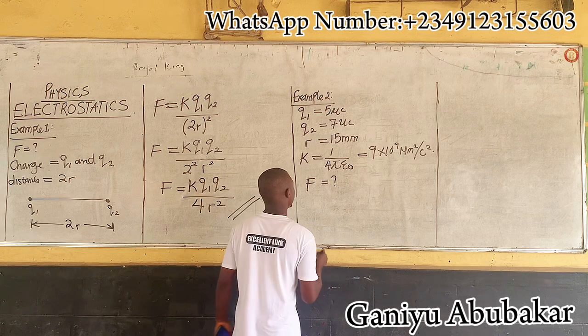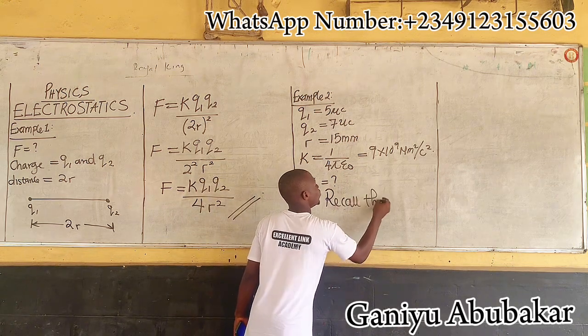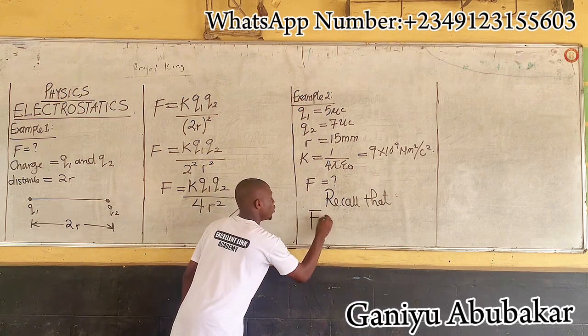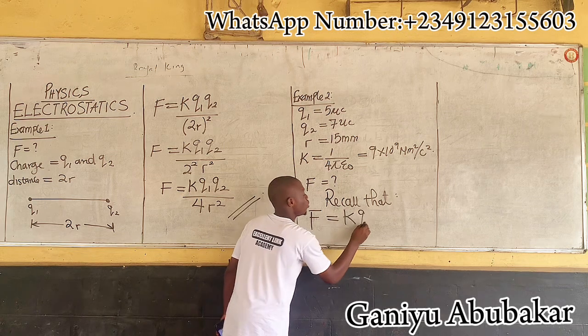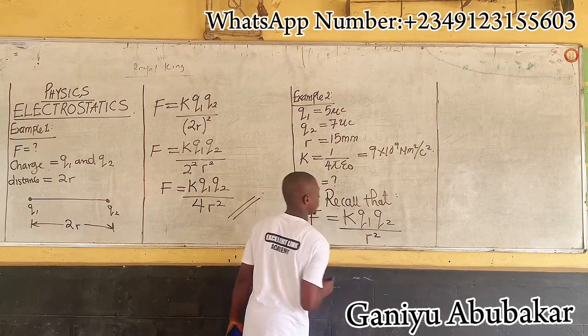So I'll recall that F is equal to K Q1 Q2 all over R squared.